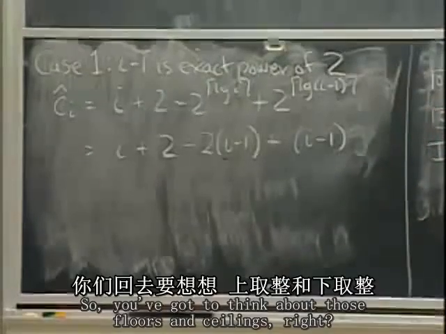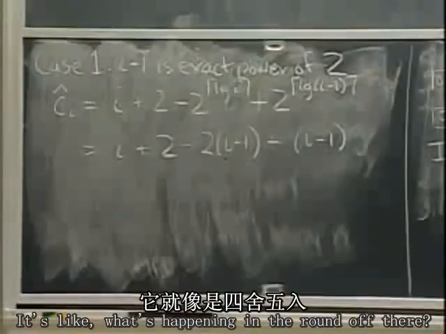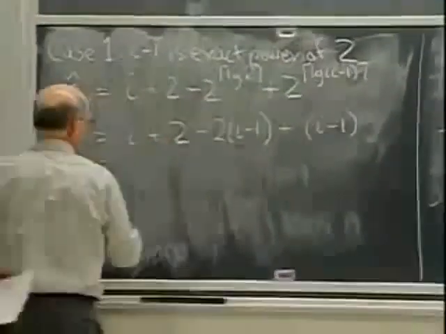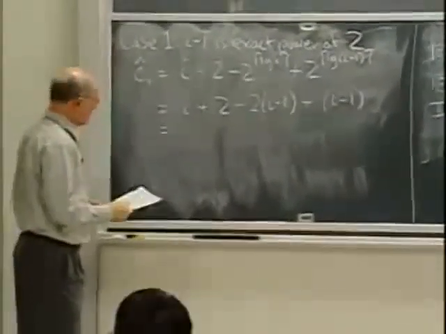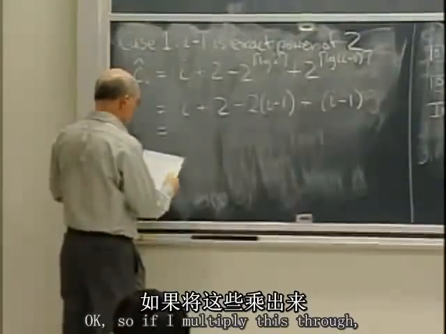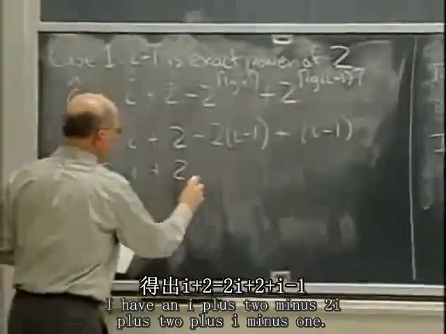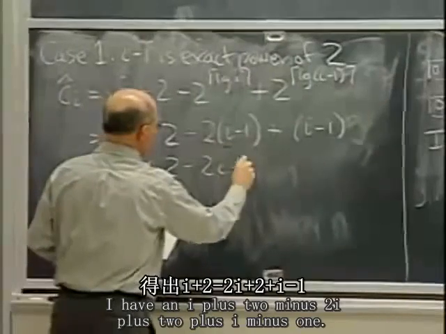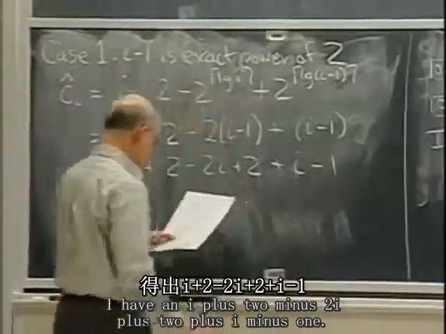So you've got to think about those floors and ceilings, like what's happening in the round off there. Now we can simplify this. If I multiply this through, I have I plus 2 minus 2I plus 2 plus I minus 1.